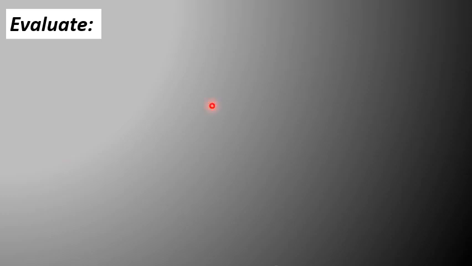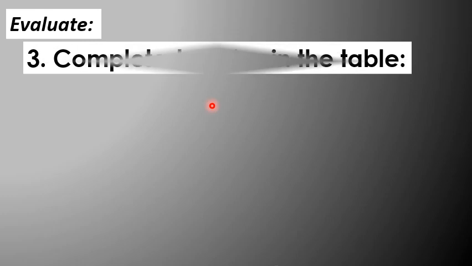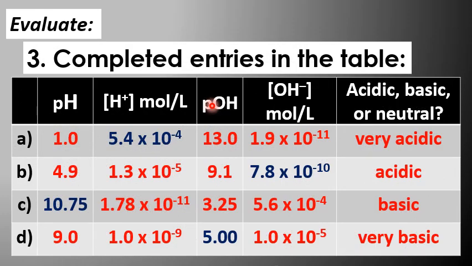We now present the completely filled table as shown here. So once again, we emphasize if the positive hydrogen ion concentration is higher than the negative hydroxide ion concentration, we say that the solution is considered acidic.